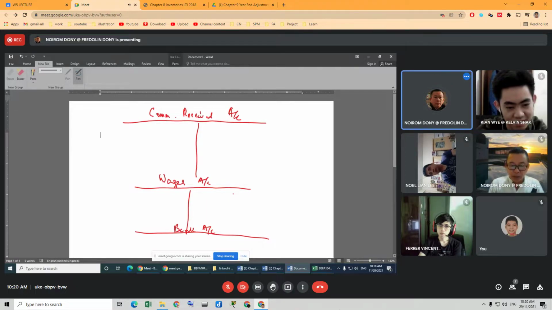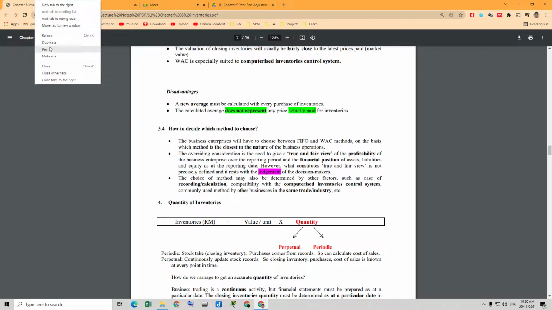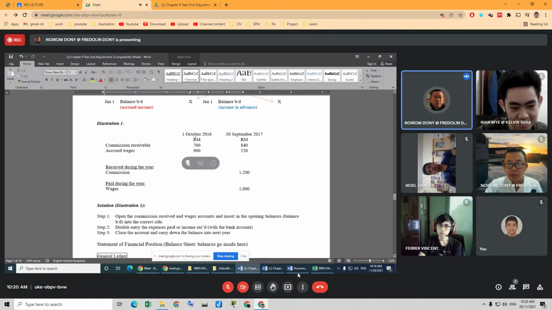Now, first thing, if you look at the question, you are given 1st of October 2016 and 30th of September 2017. So the accounting period is not the same as the calendar year.